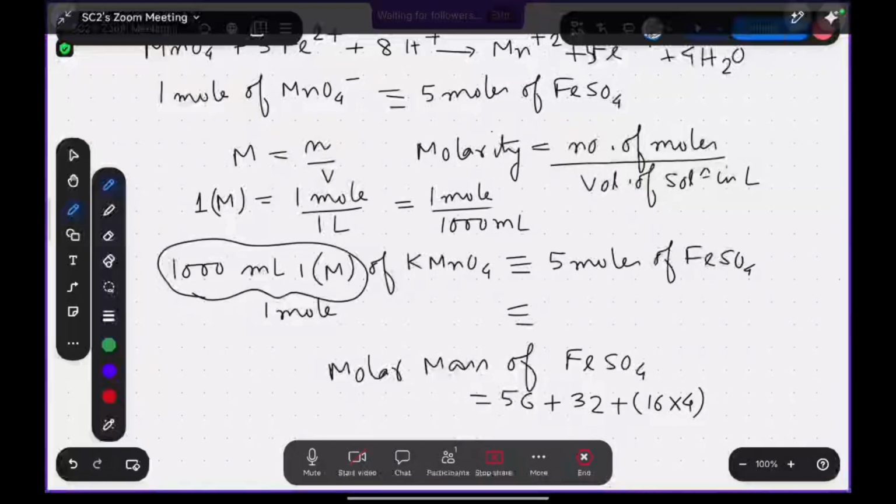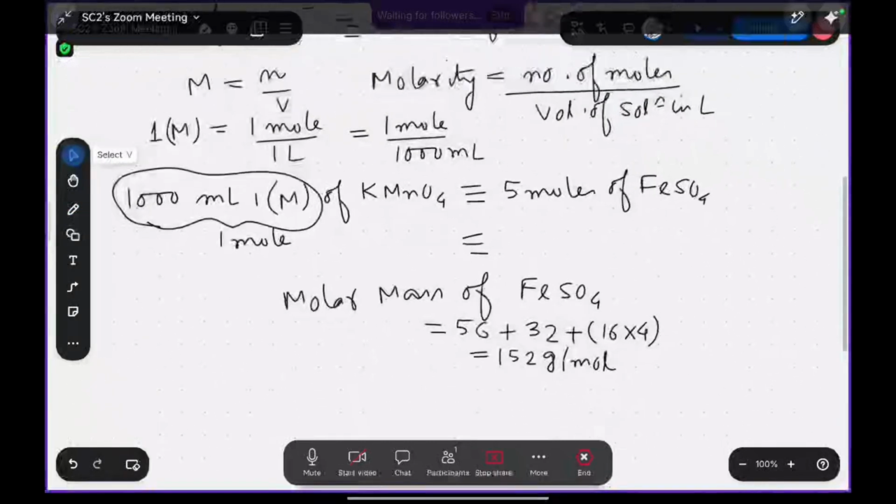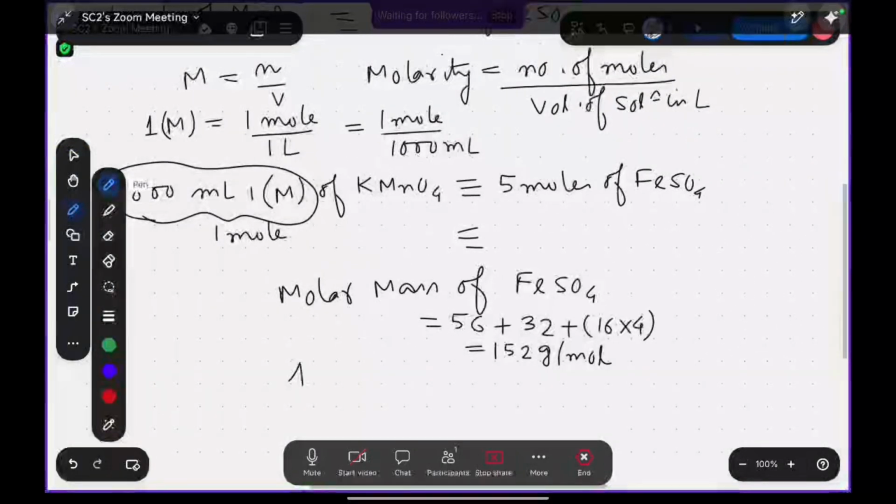If you solve this, it's around 152 gram per mole.